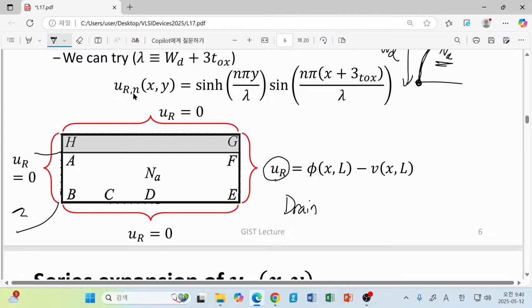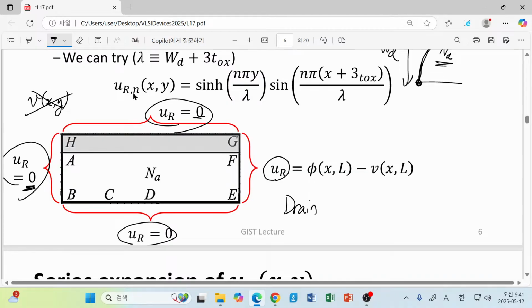Since this function is only corresponding to the drain side, in the source side it is set to be 0, and for gate also it is set to be 0. Why do we set it to be 0? Because the impact of our gate potential is already considered by our V function, so we don't have to consider it any further. And now bottom one, it's okay.